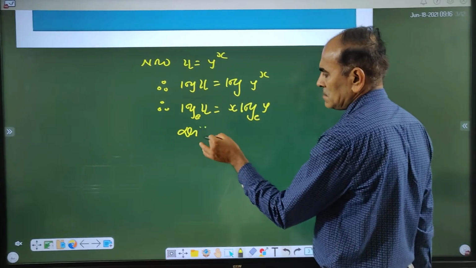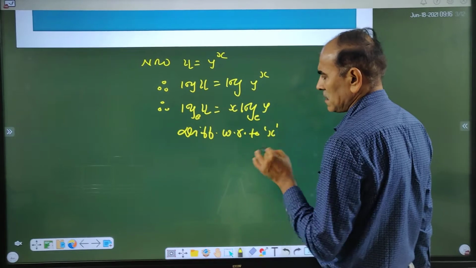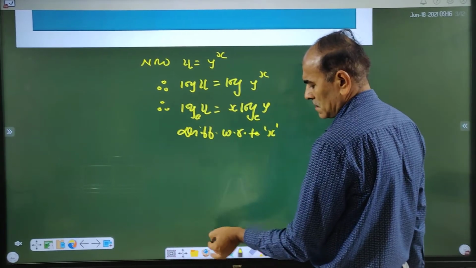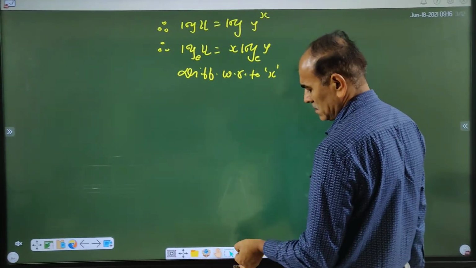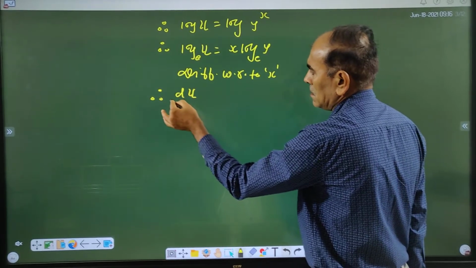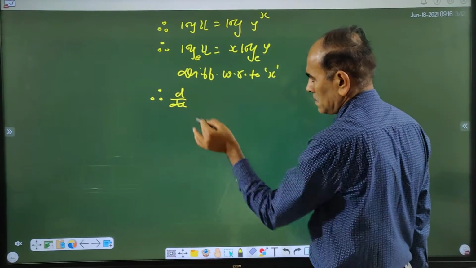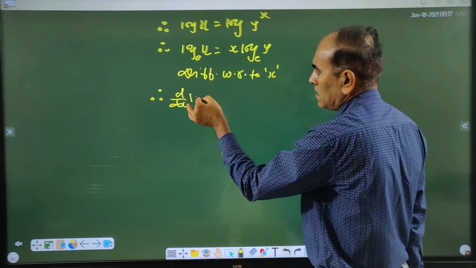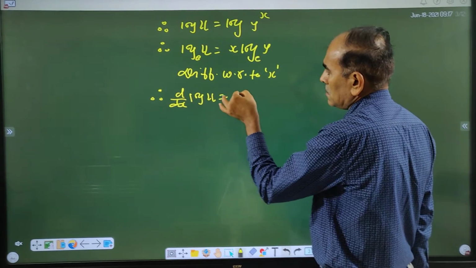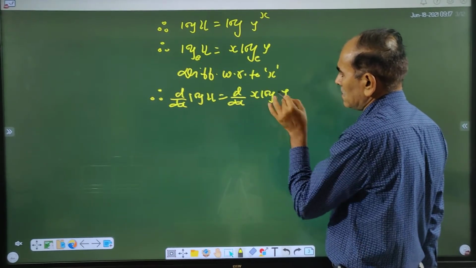Now differentiate with respect to x on both sides. So what do we get here? d by dx of log u is equal to d by dx of x log y.